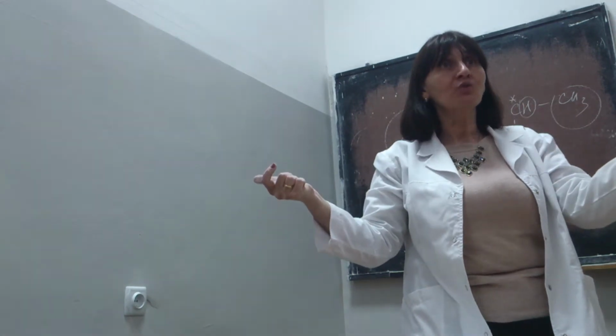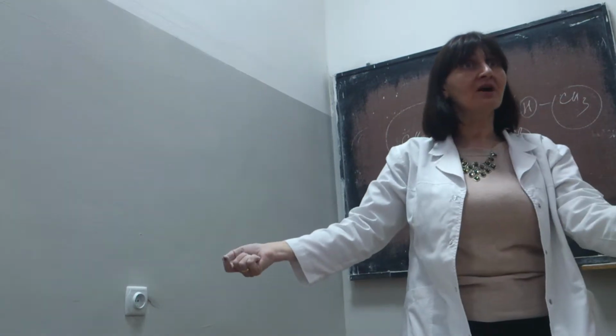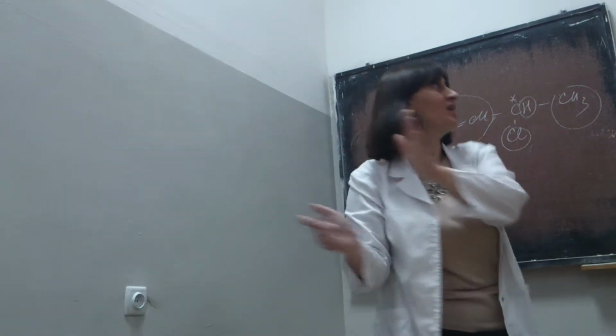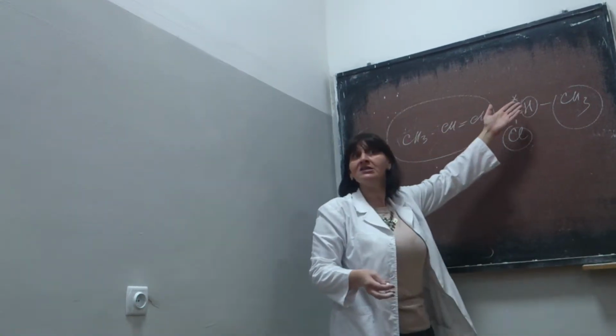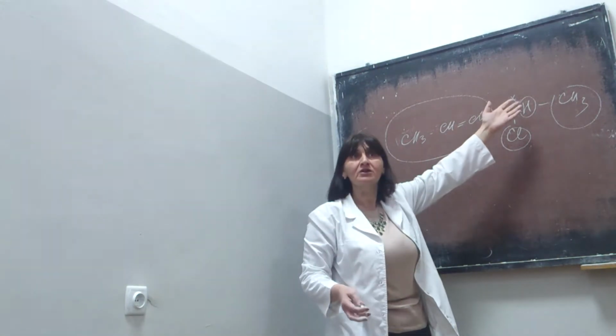Here you always need a double bond and at least one pair of the same groups bonded to these carbons, separately, one on the first and one on the second carbon, not together on one carbon. So in this case, I can discuss the optical activity of this molecule. This molecule is an optically active molecule.